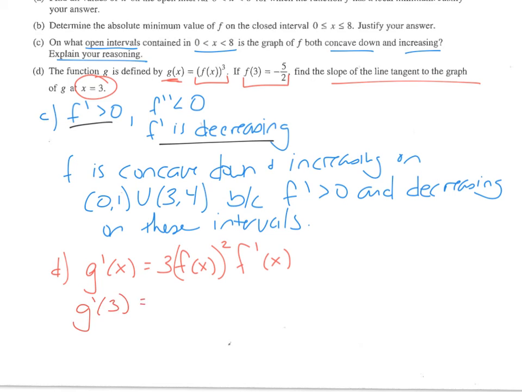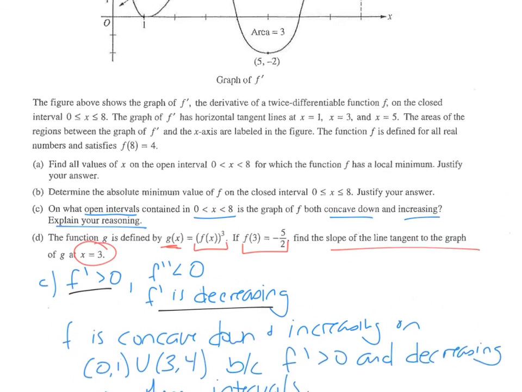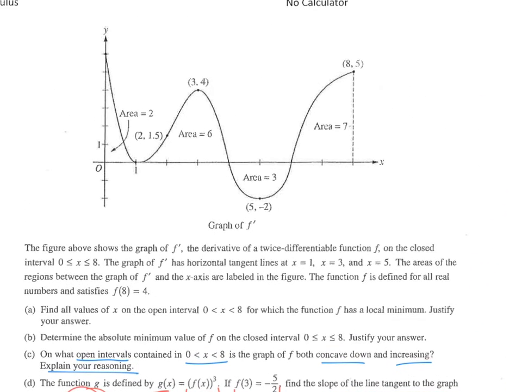Then g prime of 3 is 3 times f of 3 squared times f prime of 3. And we were given some of this information. Let's see. f of 3, we were told, is negative 5/2. And f prime of 3, we can get up here.